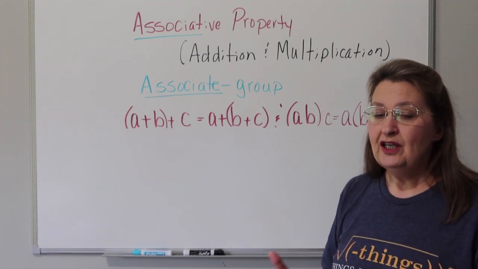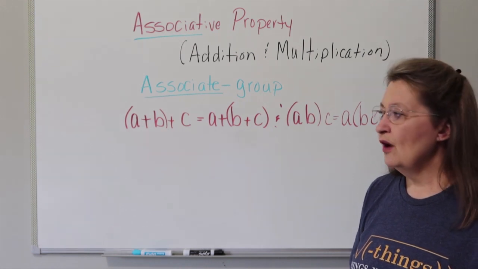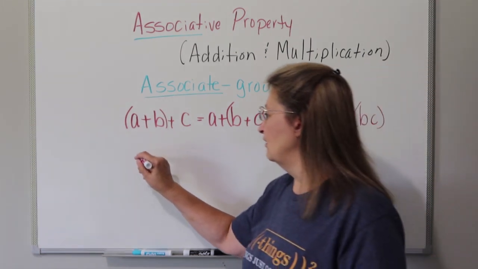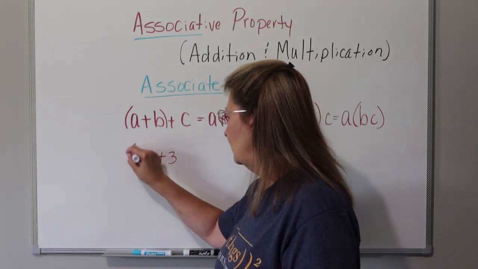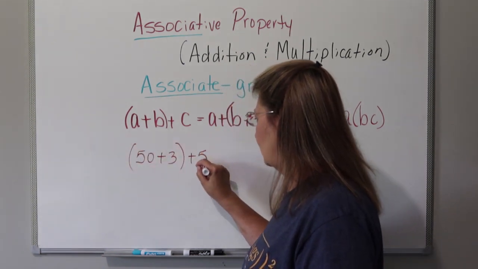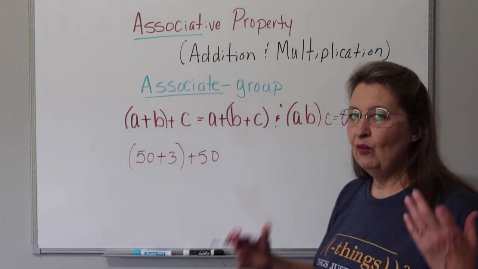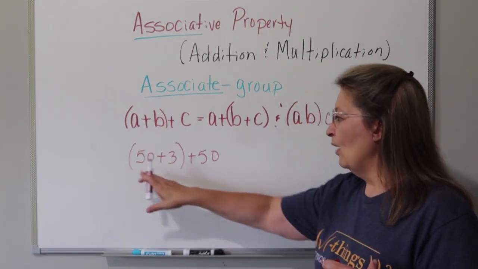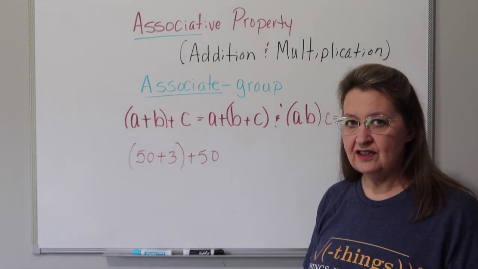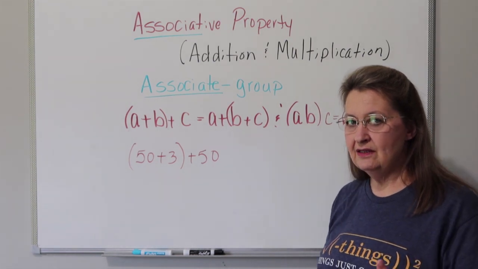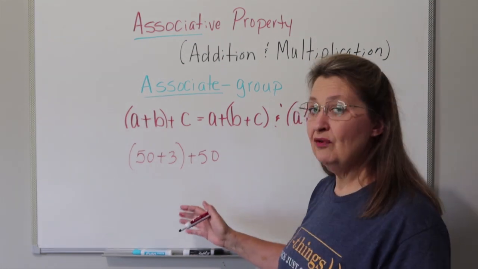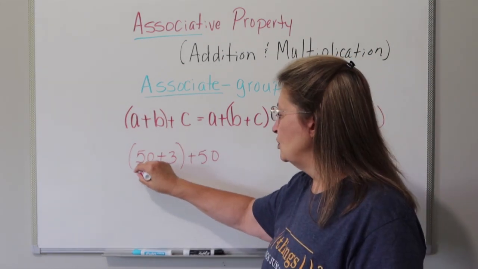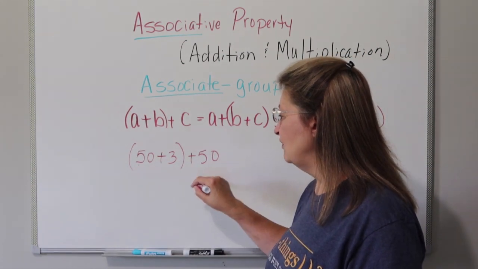Now, like I said, you've been using these, you just didn't know that they were a property. For example, if I had 50 plus 3 plus 50, and I wanted to make this easier, I want to group the two 50s together and add them because 100 is easy to work with. So the associative property lets you know it's okay for you to pull this out and add it to the 50 first.